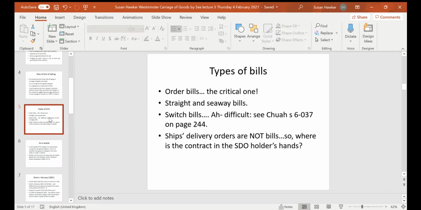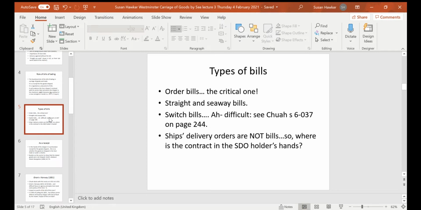Now, we have other bills, and I say this quite cautiously, because there are what we call Strait and Seaway bills. And some people talk about there being differences between Strait and Seaway bills, and some people regard them as being one and the same. And I'm not sure which camp I fall in. I think, on balance, I'm probably of the view that the two are the one, so to speak.